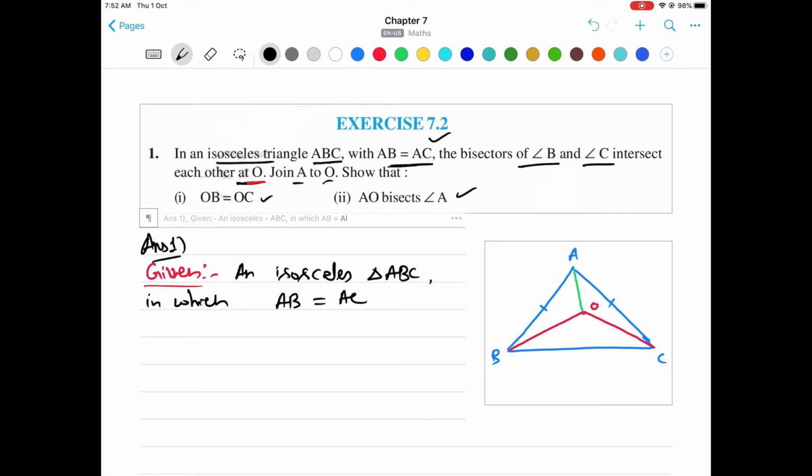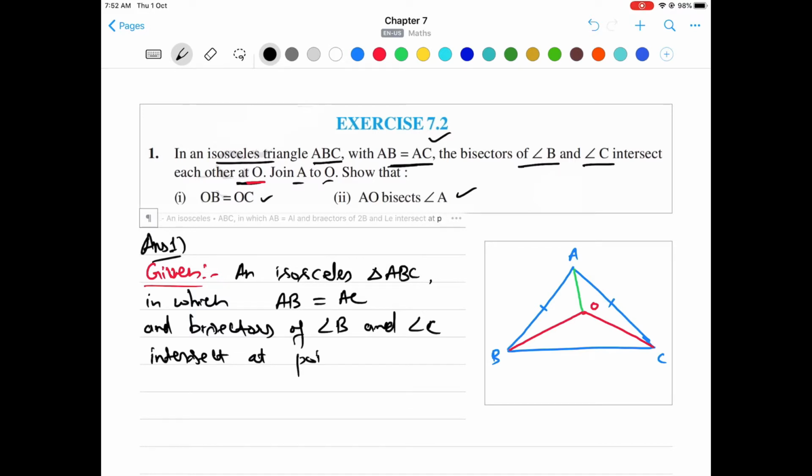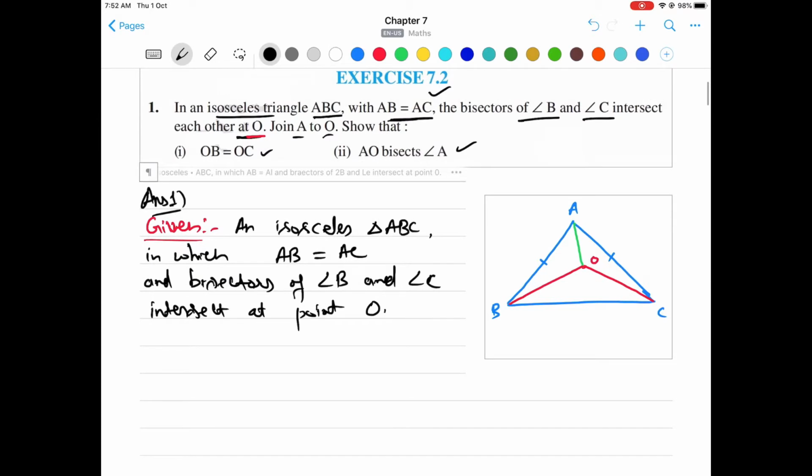This is given to us in the question. And bisectors of angle B and angle C intersect at point O. Okay, so this is given to us.